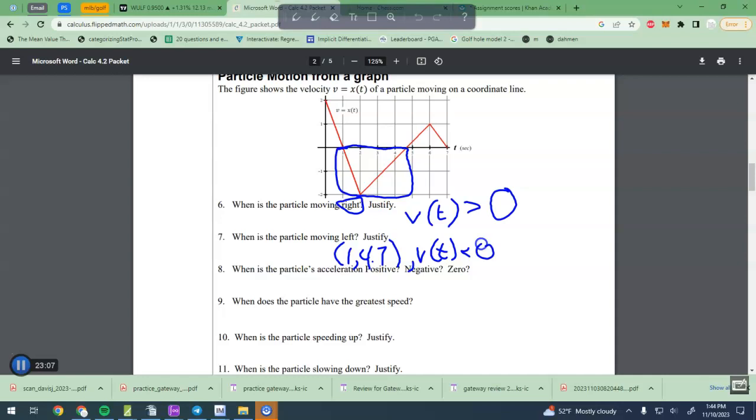Then I see the assistant principal over there, and I don't want to talk to them either. So I start walking. Which way am I walking right now? Still walking backwards, but slowly. And what am I doing right here? I stopped. I turn around. Now I'm walking forward faster. And then here I'm walking forward slowly. So if we're above the axis, we're moving forward. If we're below the axis, we're moving backwards.